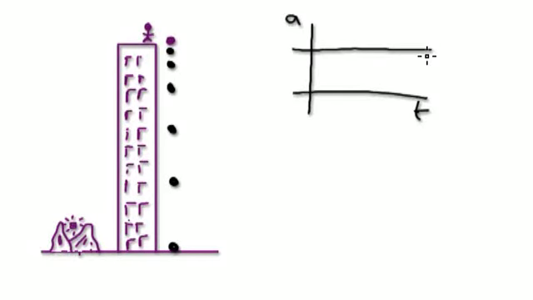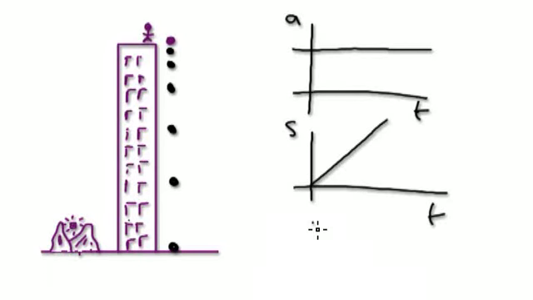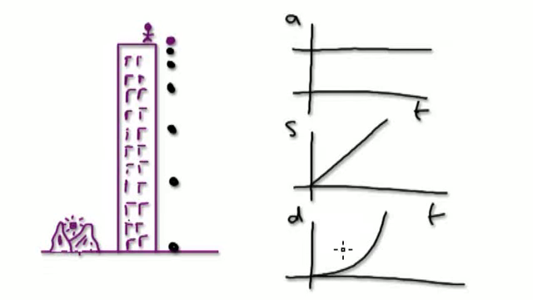And just a quick reminder: if there's an acceleration acting on this cannonball, the acceleration time graph will look like this, the speed time graph will be a straight line like this, and the distance time graph will be a quadratic like this. It will be in the form of y equals something x squared.